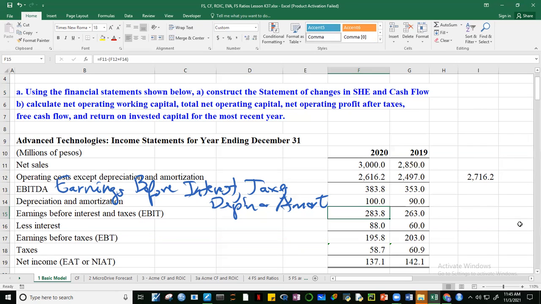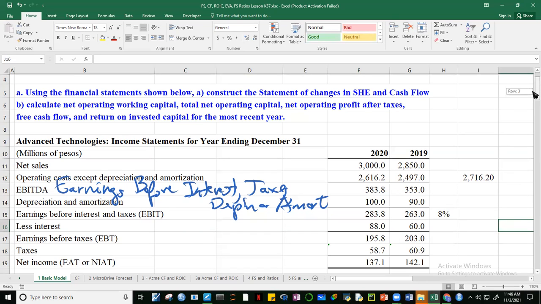So fair enough. Okay. In fact, compared to 2019, it increased by how many percentage points? Okay. It increased by around 8%. Okay. So our EBIT increased by 8%, comparing 2020 and 2019. So it seems that our EBIT is okay. Okay.